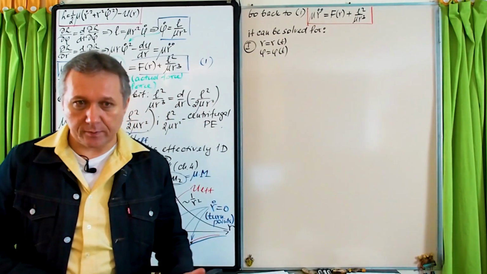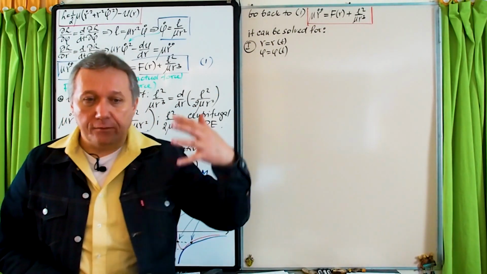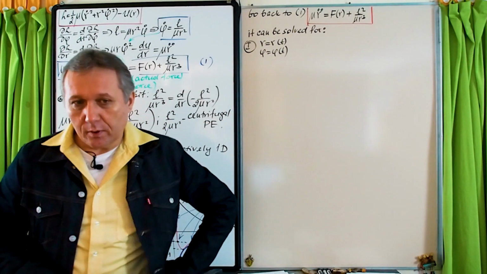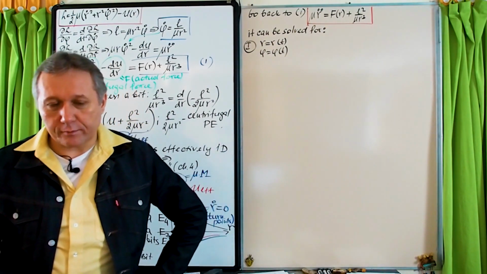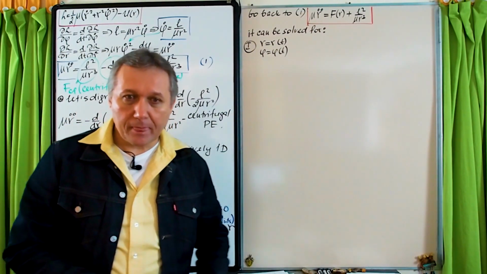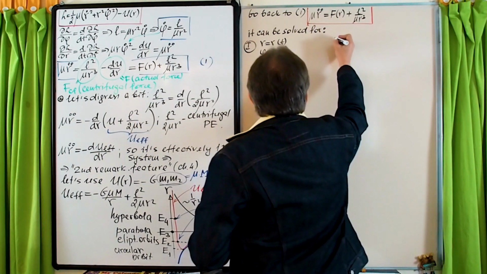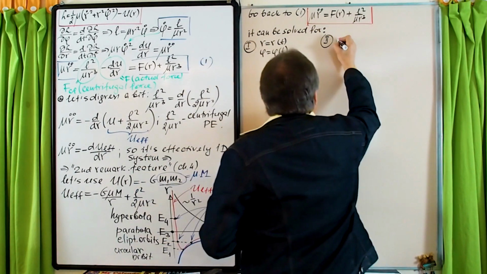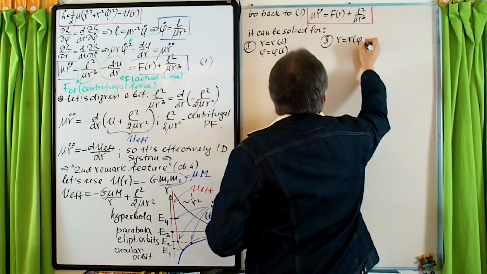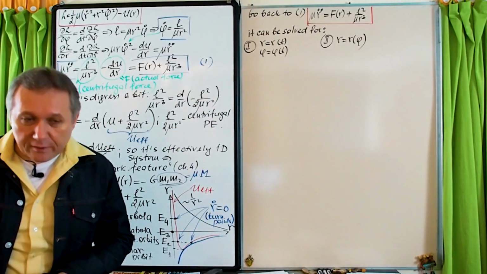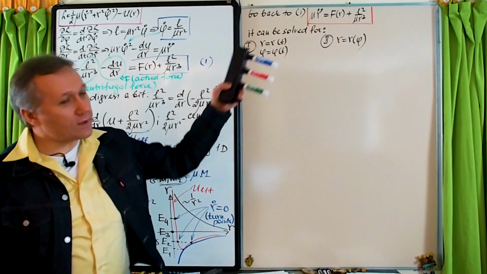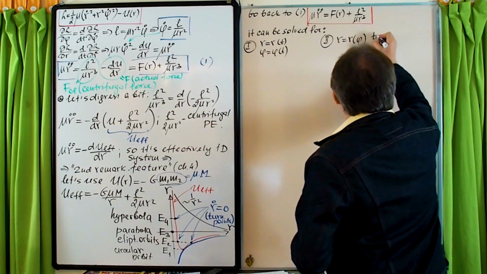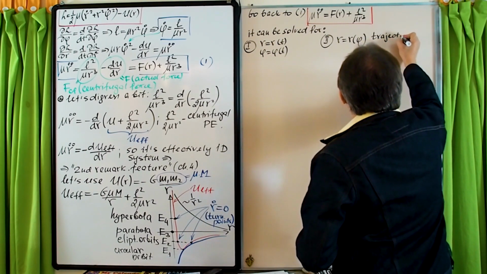In this case, you can easily get the velocities r dot and phi dot. Sometimes this can be useful for your analysis, for your applications. But there is a second option. You can solve this problem for the explicit dependence between r and phi, basically for a trajectory. And most of the time, people are interested in a trajectory.